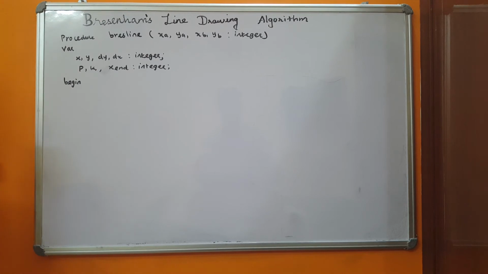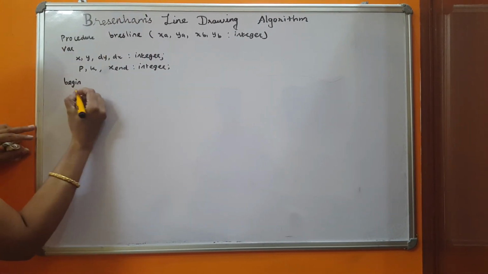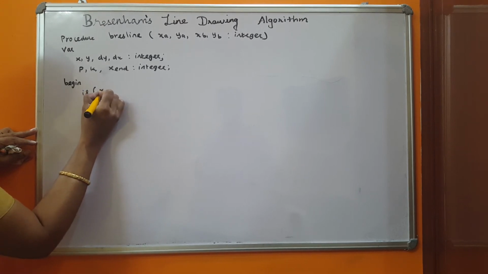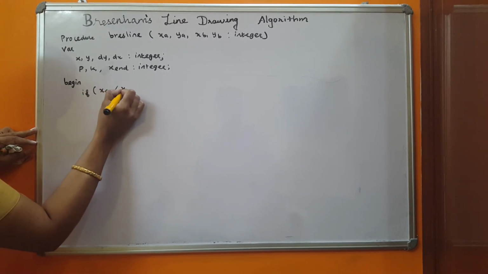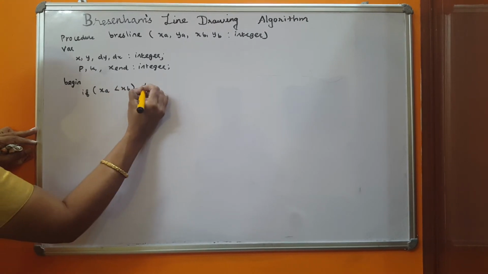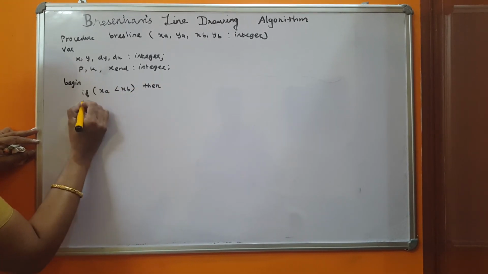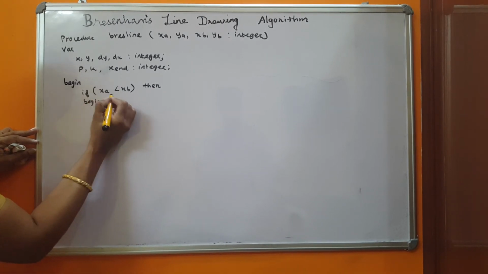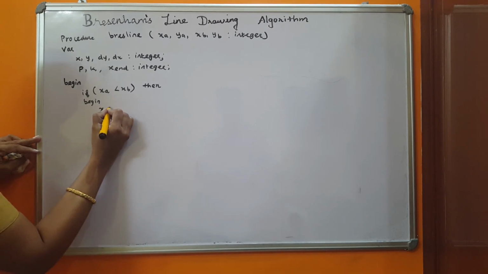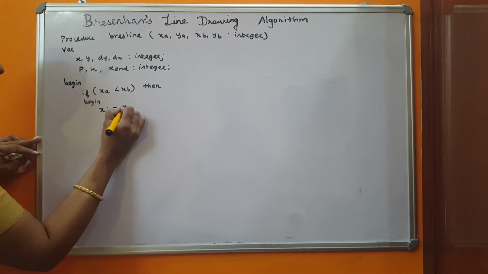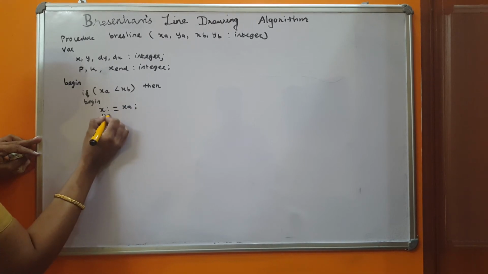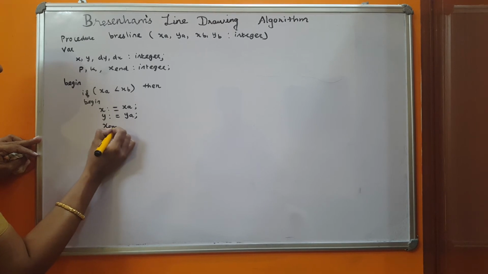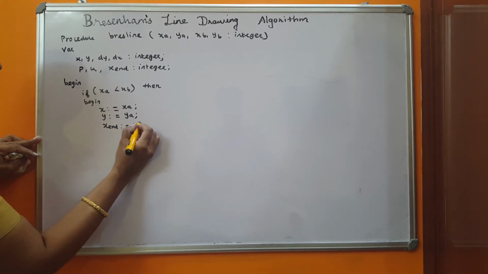Begin. We start from the lowest value of x value. So we check one condition. If XA less than XB, then XA is lowest value. We start from XA, YA, x end value XB.